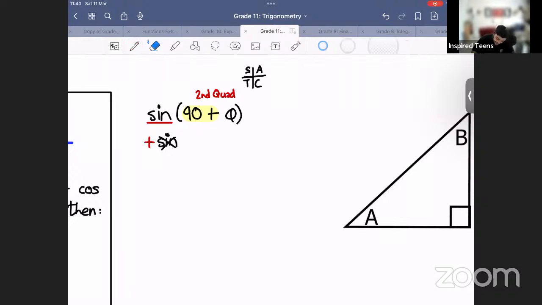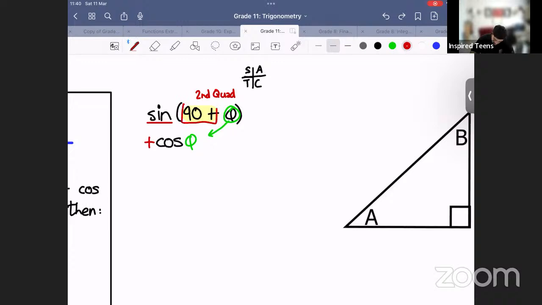Why? Because when I deal with sine and 90 as the reduction angle, I change from sine, my answer will be cos, and then whatever angle I'm left off with, theta. Do you see what determined my numerical sign? The first trig ratio, which in this case was sine.